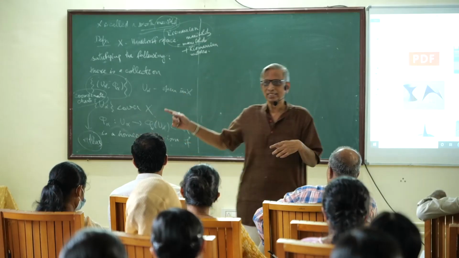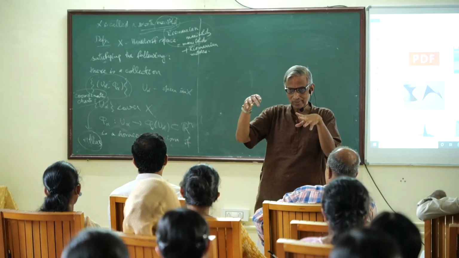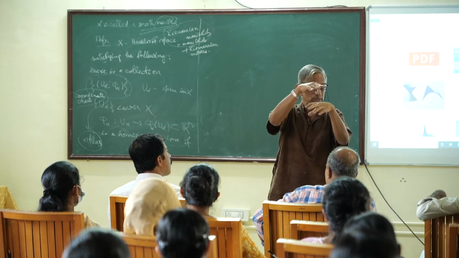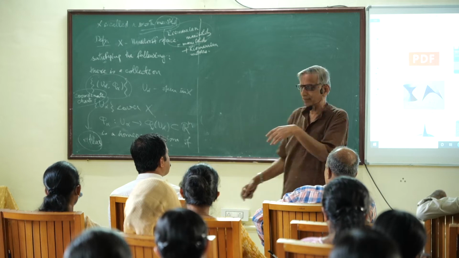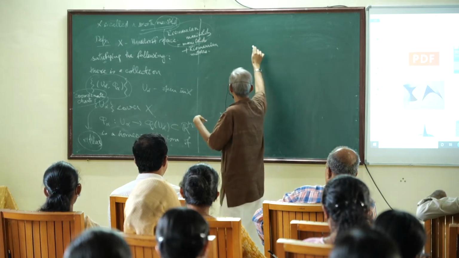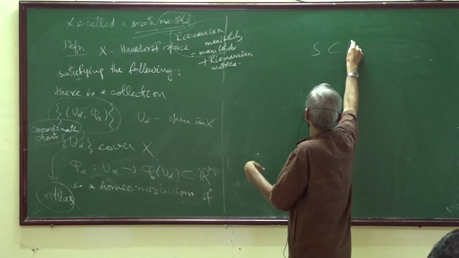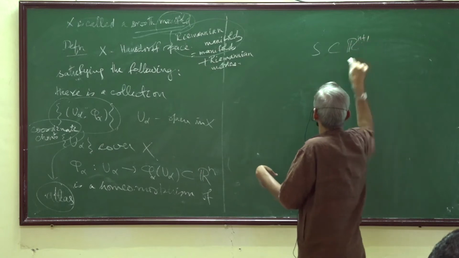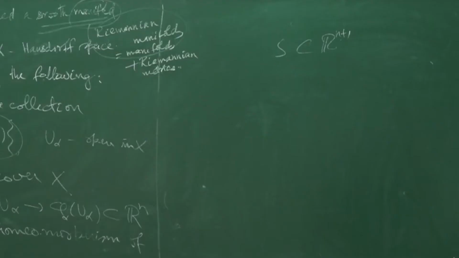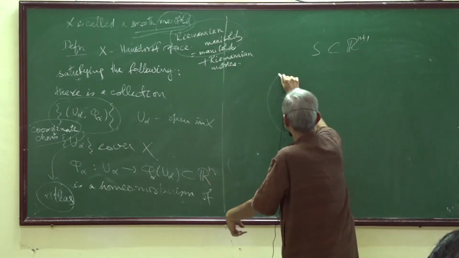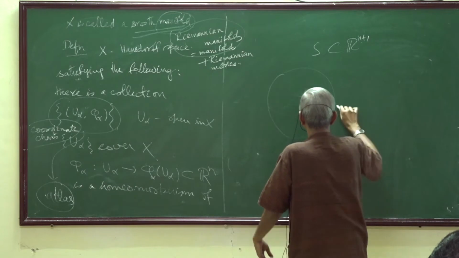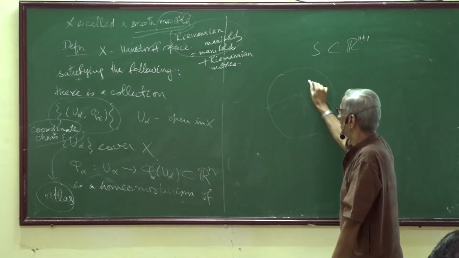Here you are starting with the space and then looking at patches in the space going to the Euclidean space. Our surfaces are all going to lie in some Euclidean space, so let us say a surface in R3, for example, a two-dimensional surface. Let us say you start with the sphere.